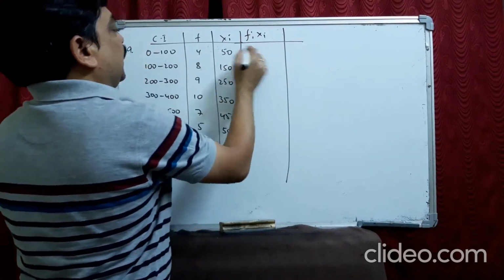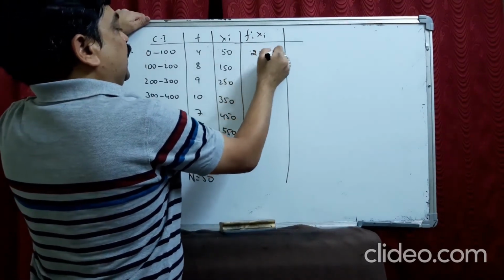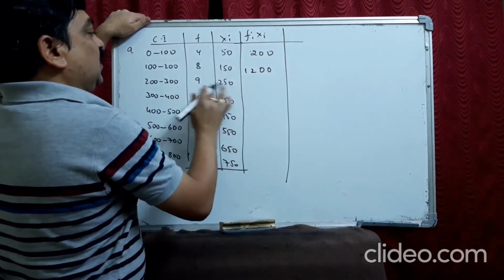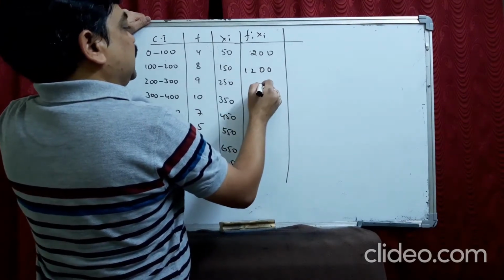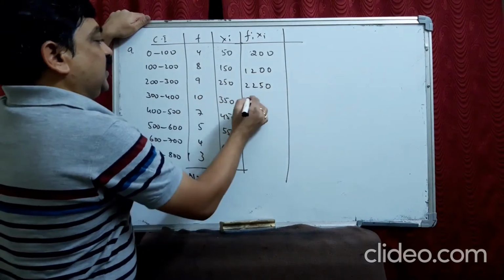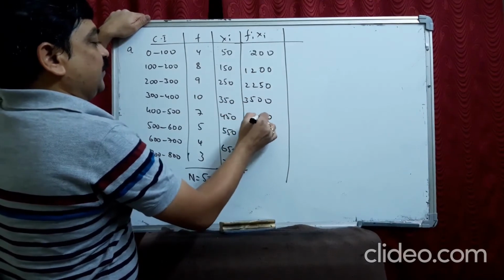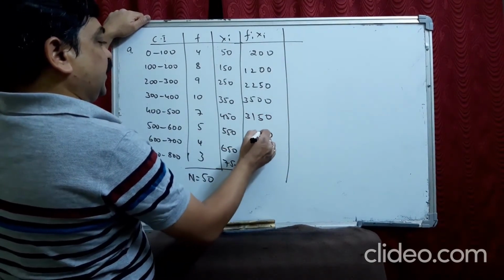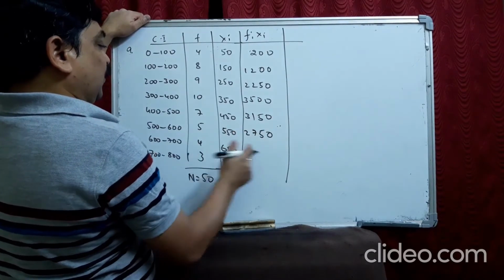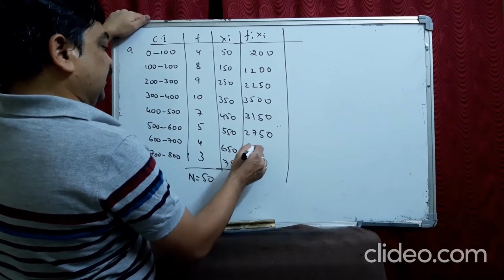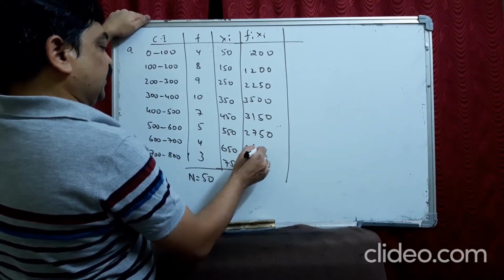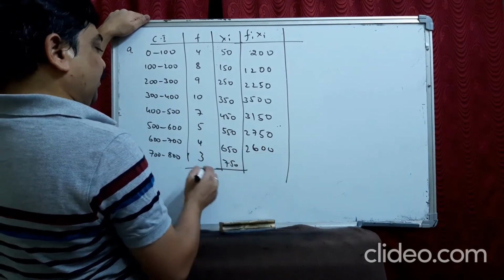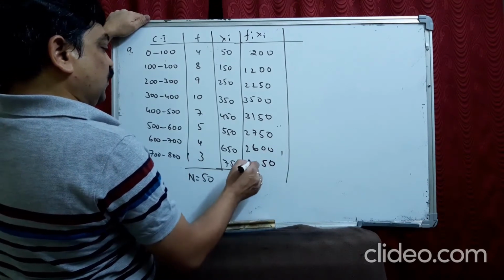Let us find the mean. 4 into 50, 200. 8 into 150, 1200. 9 into 250, 2250. 7 into 350, 2450. 5 into 450, 2250. 4 into 650, 2600. 3 into 750, 2250.